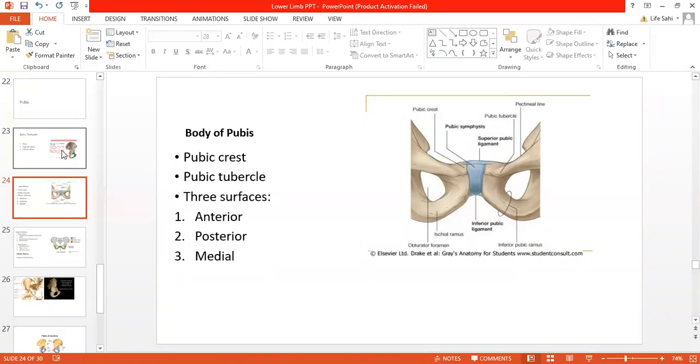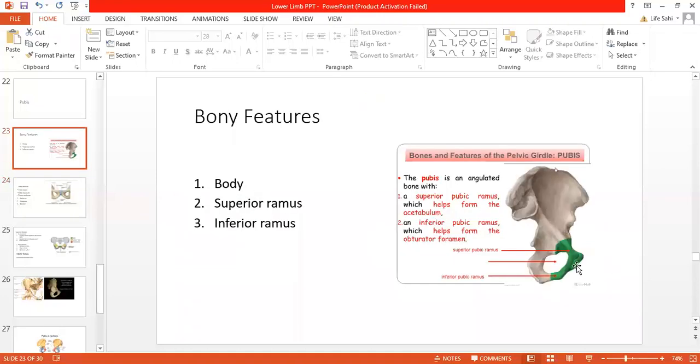Posterior surface is the one that faces backwards and slightly upwards. It is relatively smooth as compared to other two surfaces, and it has another name called the pelvic surface because it faces the interior of the pelvis.